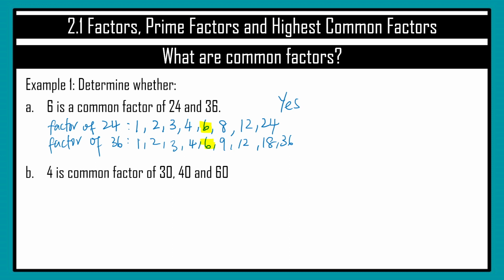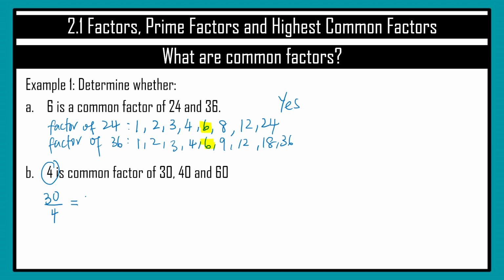Another way is shown in the second example, where we want to know whether 4 is a common factor of 30, 40 and 60. Remember, when we say factor, we can check by dividing by the number 4. I'm going to do the first number, 30, divided by 4.